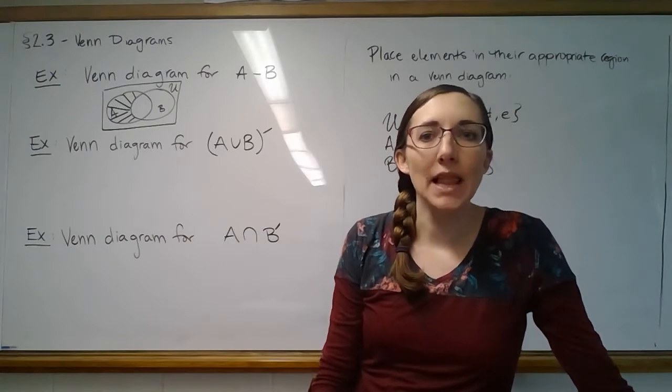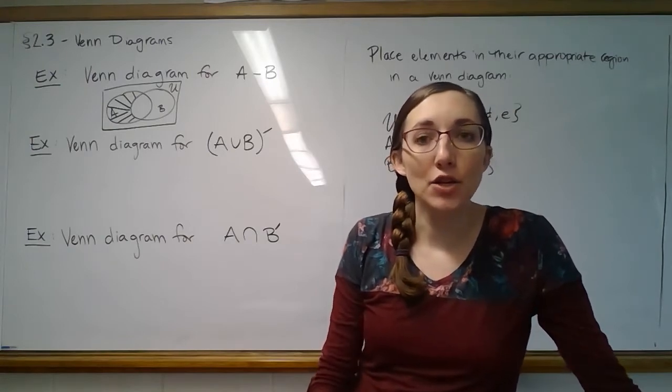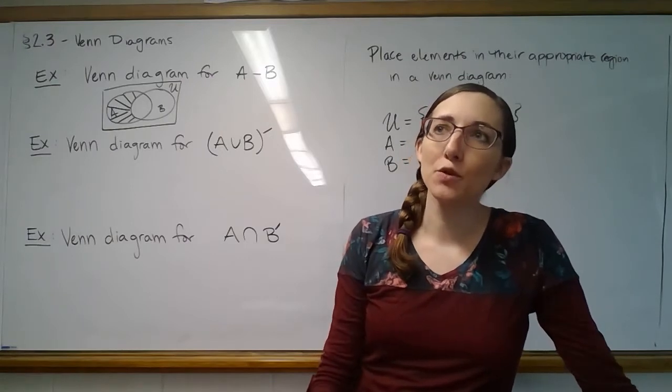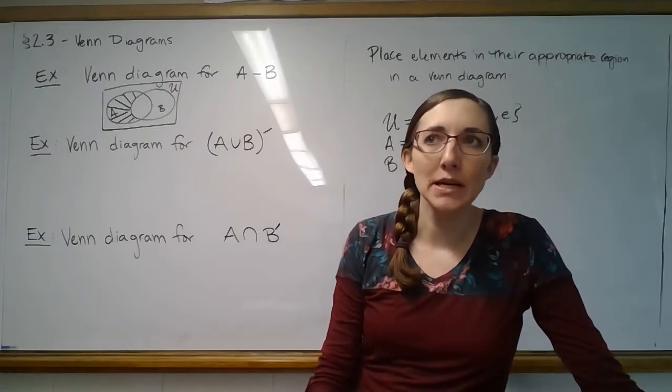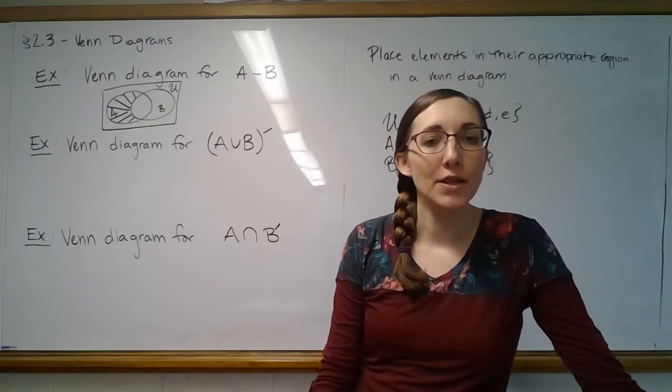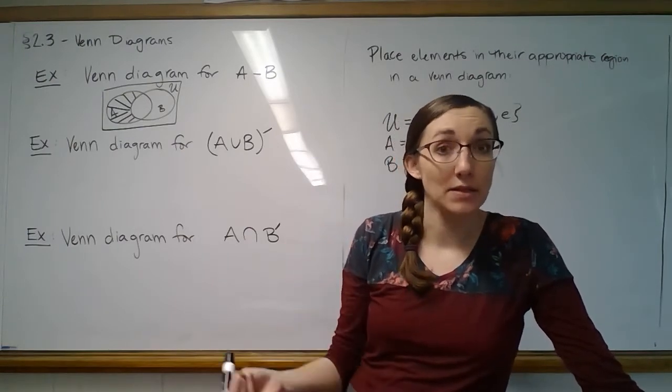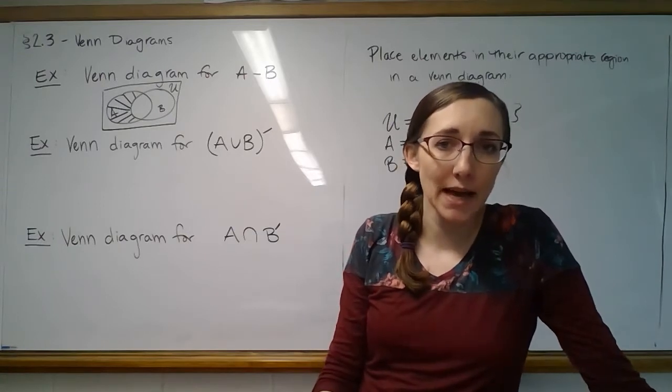So thinking about something like the Venn diagram for A union B complement, well, let's think back to when we did A union B complement with specific elements in our sets.